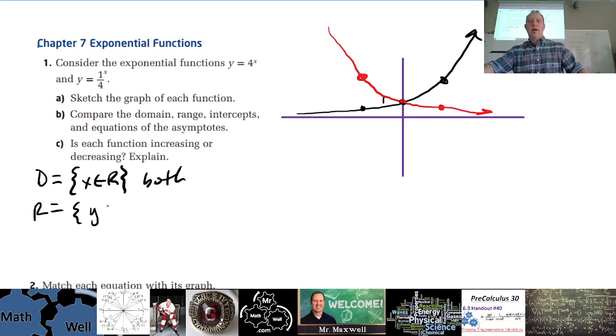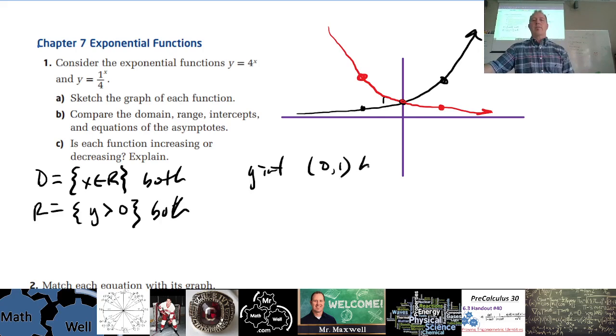They're both the same. It's y greater than 0, not or equal to, because it never touches the x-axis, but it's greater than 0 for both. Okay, the intercepts. The y-intercept is 0, 1 for both.